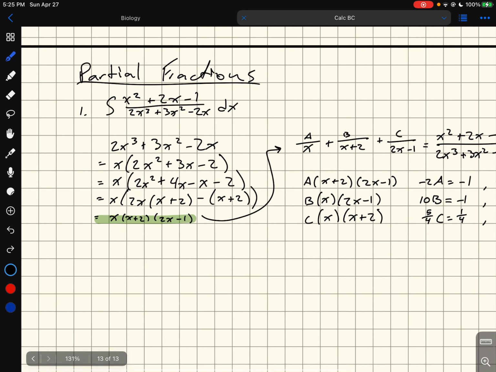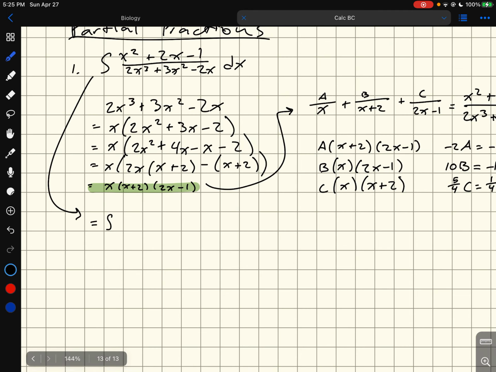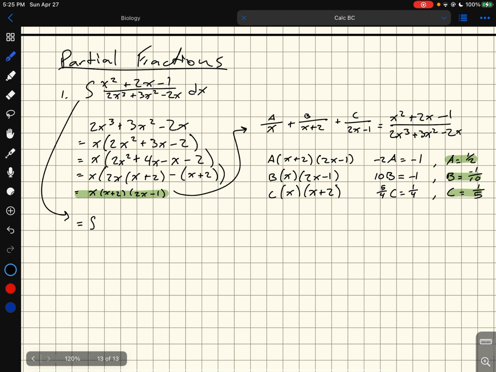Okay, so let's just write the integral first. I'm going to write equals because this is equal. Our A was 1/2. Okay, I think I need to make this integral bigger.